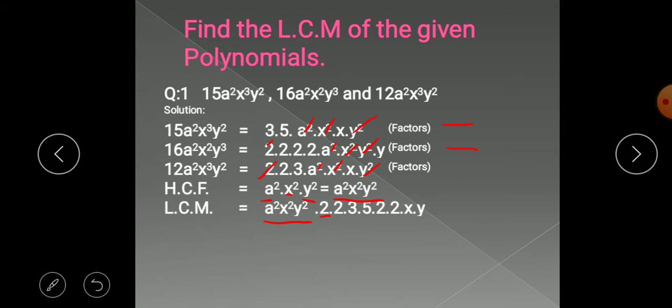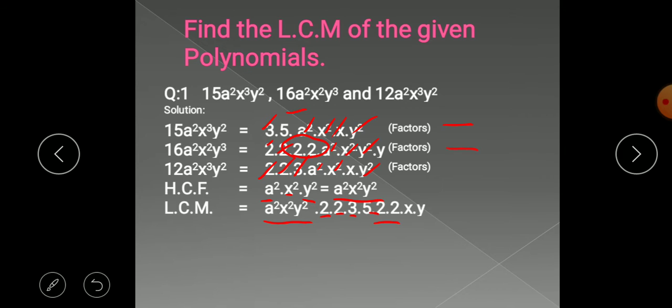Then again I saw this 2 and this 2 is common, so I wrote down 2. Now I saw this 3 and 3 common, so I wrote down 3. Now there is nothing common for 5, so I will write this 5 again, and then these 2 again. Now in the variables I will check what is common.